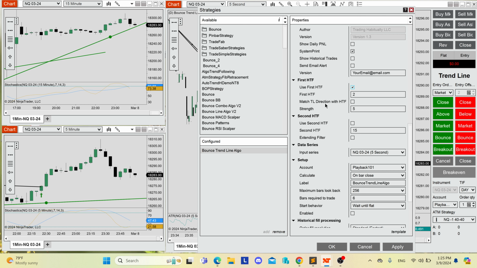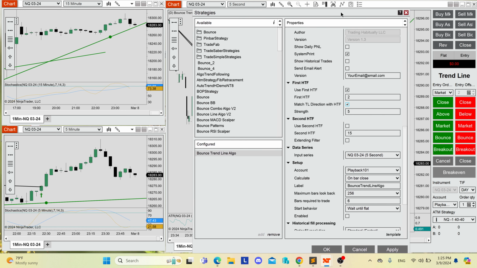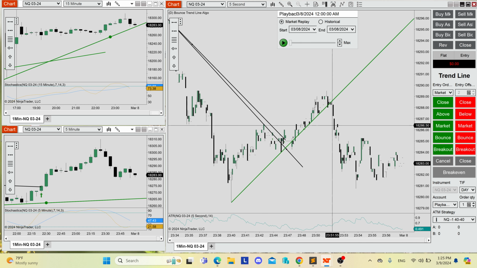And now here, if you want to match trendline direction with HTF, then you need to plot your trendline on your first higher time frame. If this stays green, like long, it will take only longs on your chart.